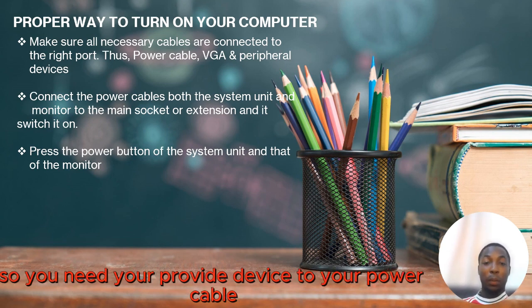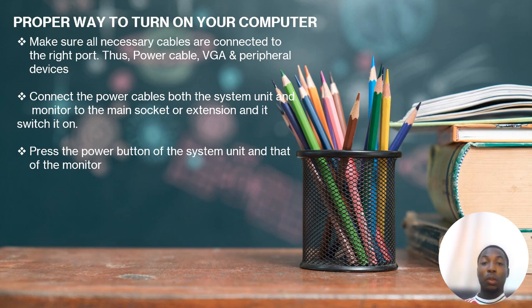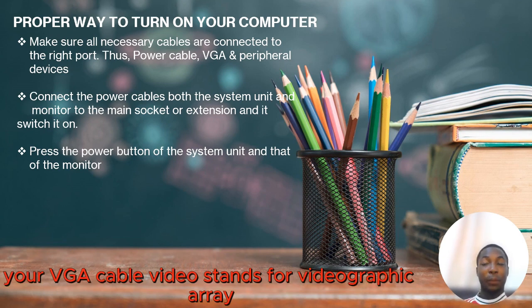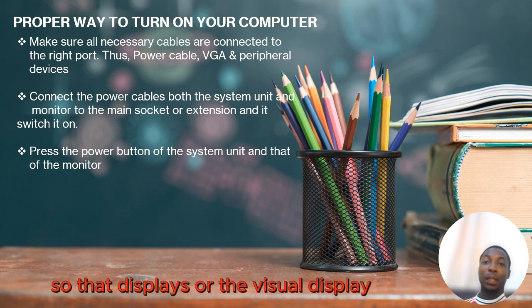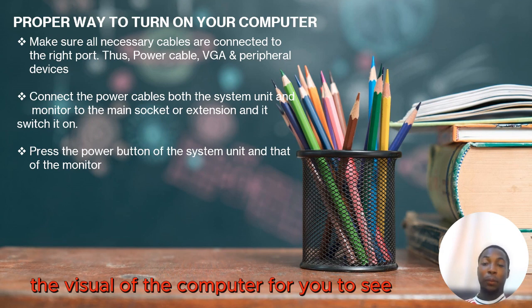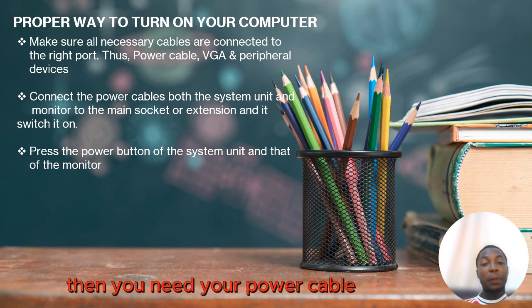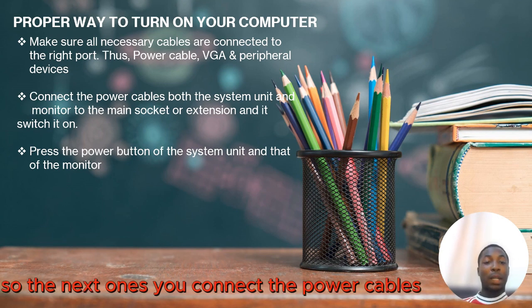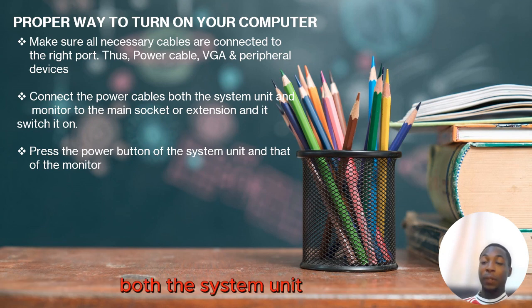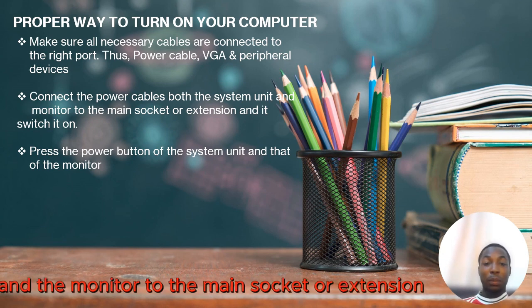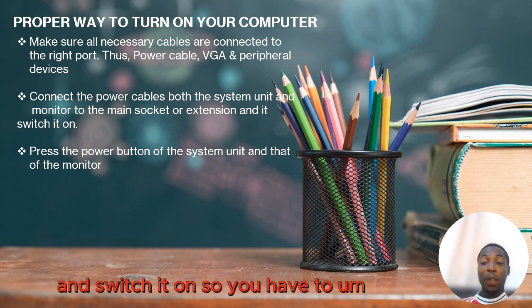Your power cable will give you electric power. Your VGA cable, VGA stands for video graphics array, displays the visual of the computer for you to see. So you need that too. The next step is to connect the power cables, one to the monitor and one to the system unit, to the main socket or extension, and switch it on.